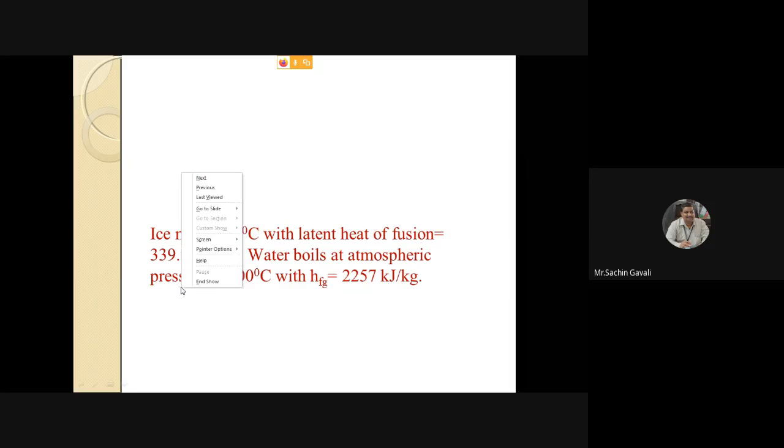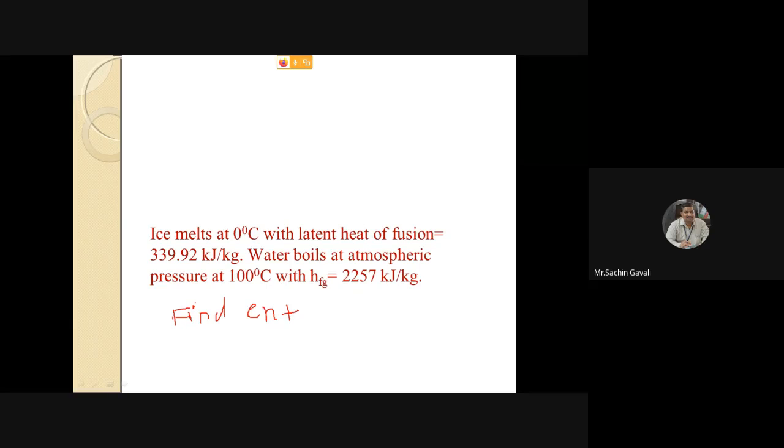Find the entropy change during the above processes.